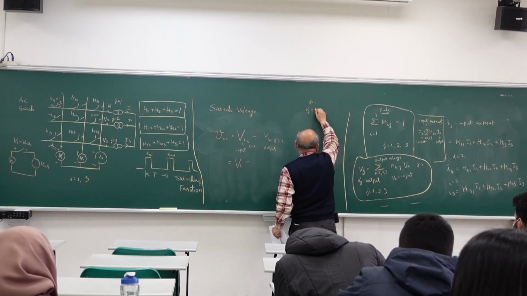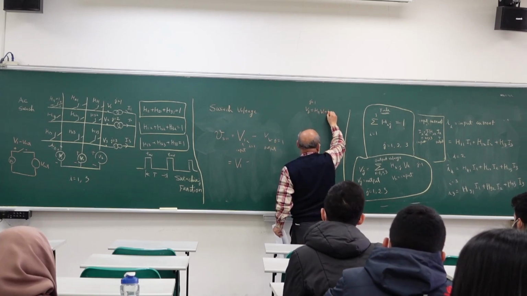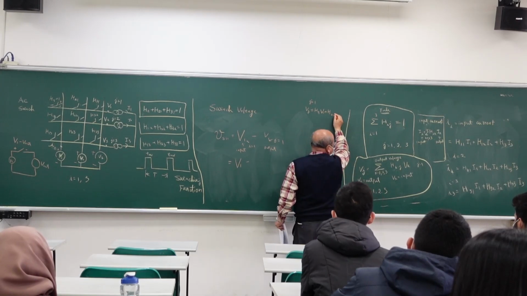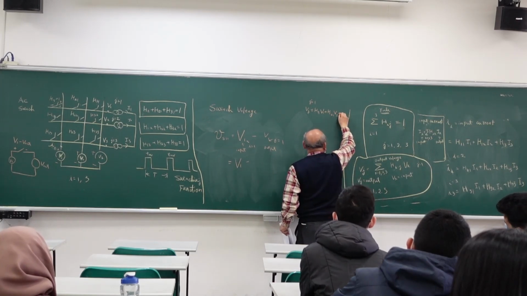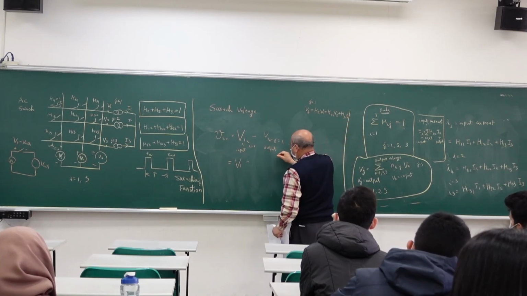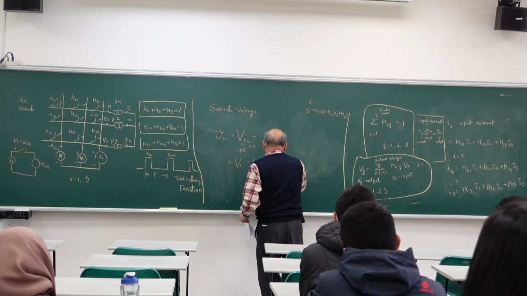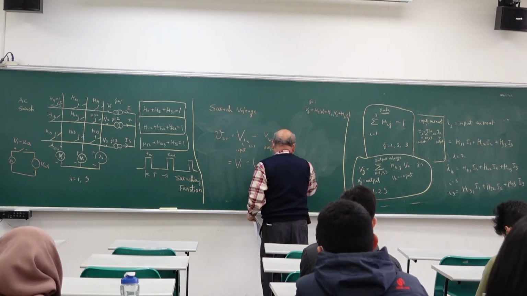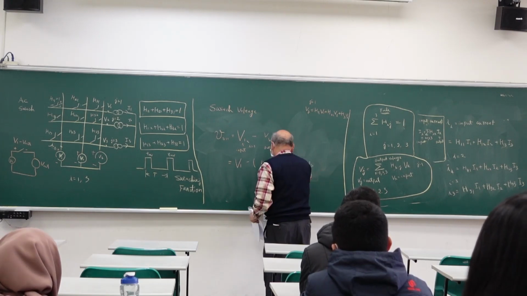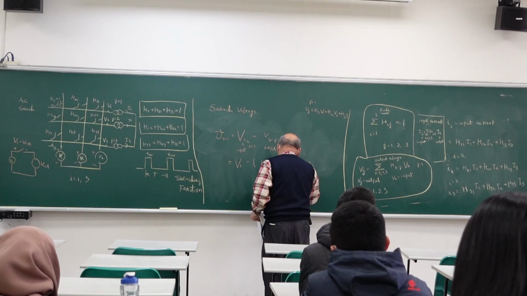It is H11 V1 plus H21 V2 plus H31 V3. So this is Vj, and J equal to 1.